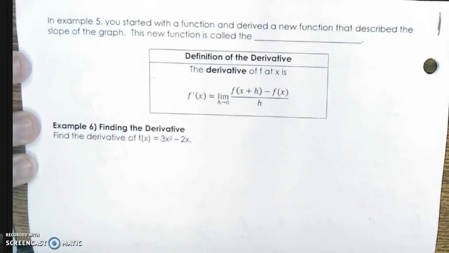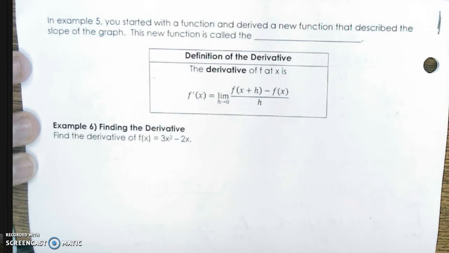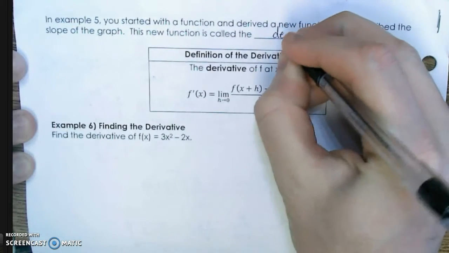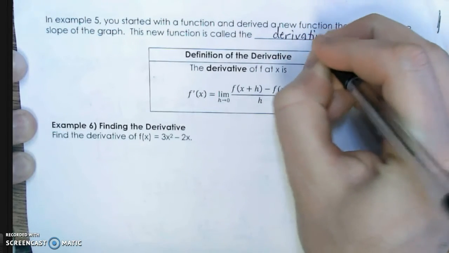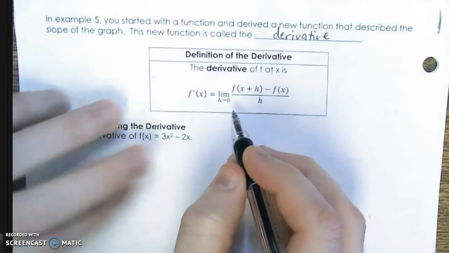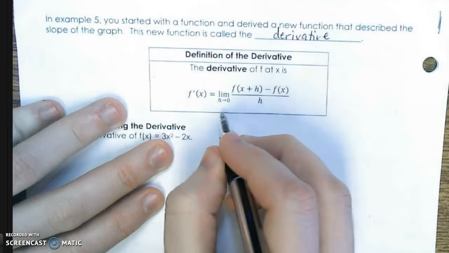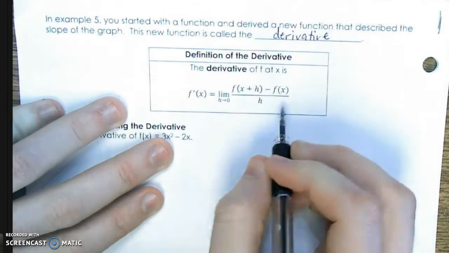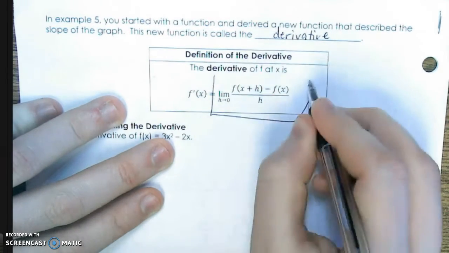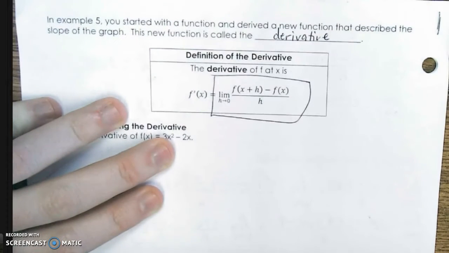In example 5, we saw that we made a formula for the slope and then we plugged in those points. And so that formula for the slope is what we call the derivative of the function. And so we found the formula of the slope using that limit process. And so when you do that formula, you're actually finding the derivative.